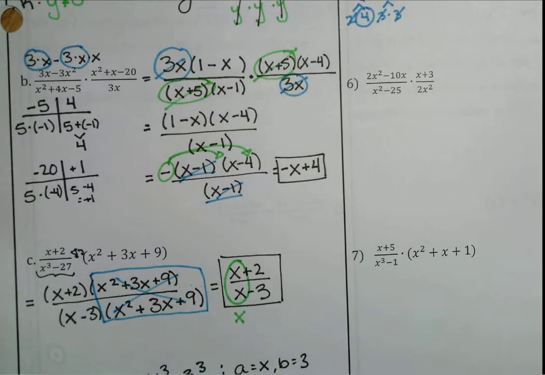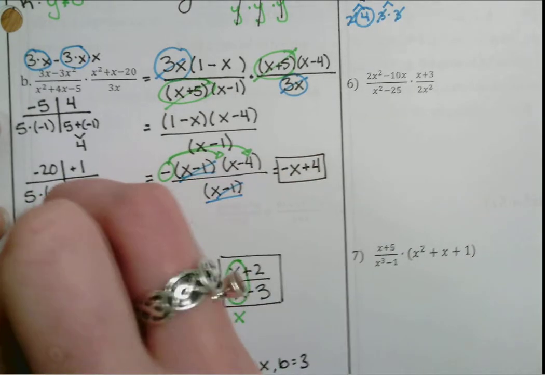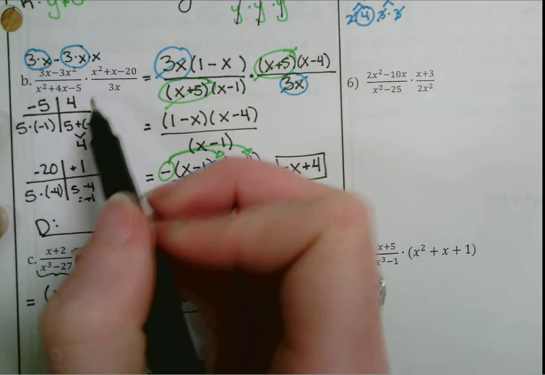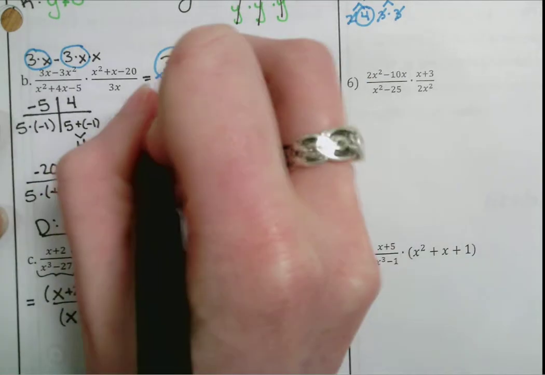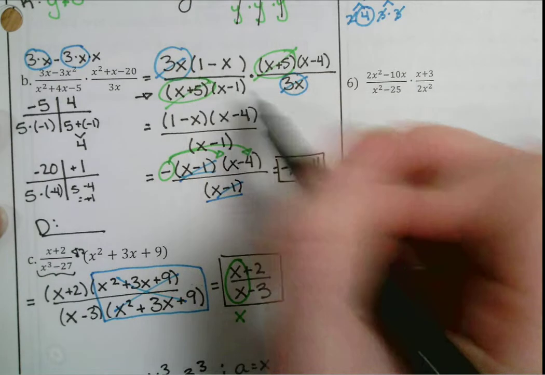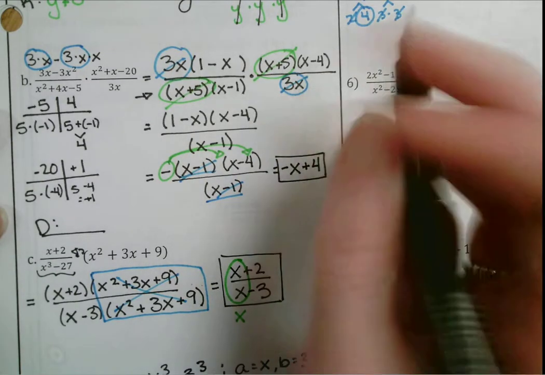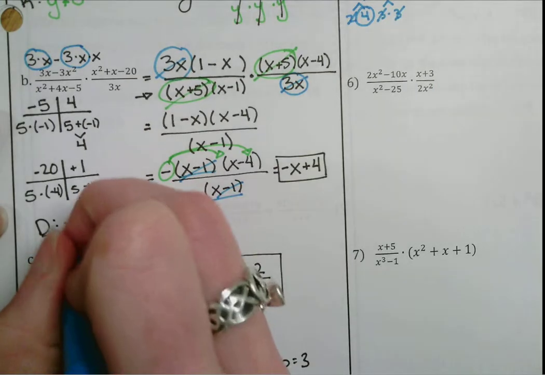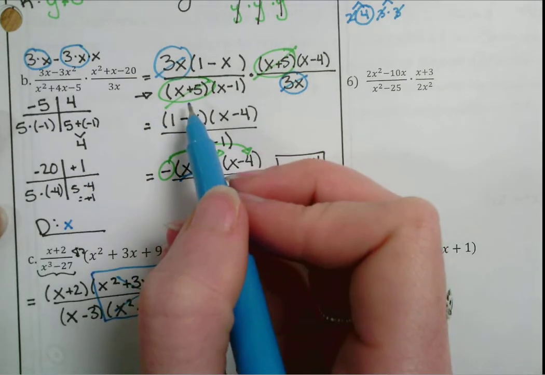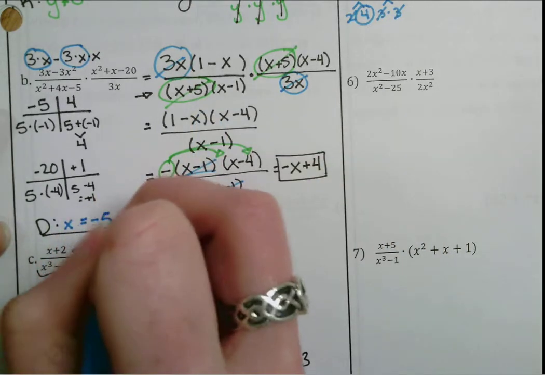Now for b, though, domain, we'll do here. I need to look back here before I started really canceling too much out. So I'm going to say, hey, x plus 5, x minus 1, and 3x. Well, we'll do the domain in blue again. My x for x plus 5, if I was going to make that 0, I would need a negative 5.